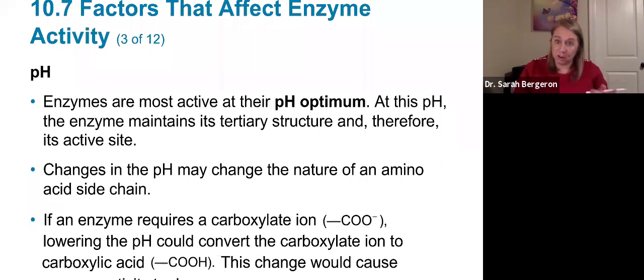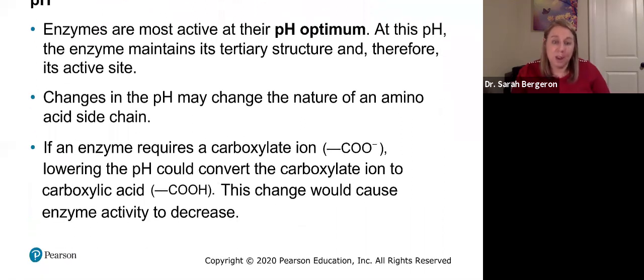And remember, tertiary structure is what determines the active site of an enzyme. So if you change the tertiary structure, you're probably going to change the function. So you have to be very careful. Usually what will happen is if you go outside of the normal pH range of your enzyme, it's going to cause a decrease in enzyme activity, because whatever the protonation state of it was, it's no longer that. So it's not going to function as well.